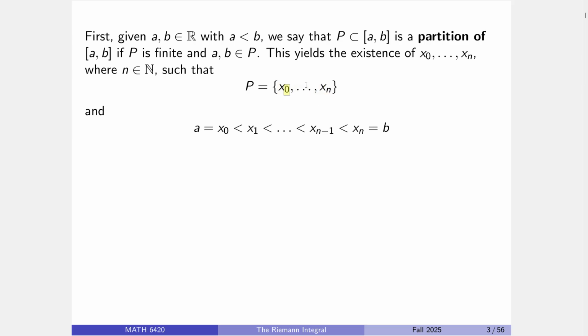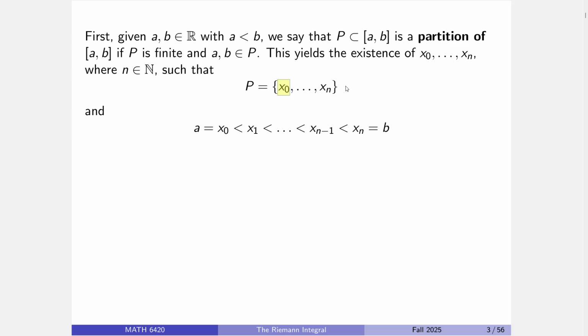I know, disgusting, but as is tradition. Fortunately, the n does come out of the natural numbers, which start at 1, because the left endpoint and the right endpoint are generally distinct. It's a finite set, so there's a finite list, and x_0 and x_n are the two endpoints.